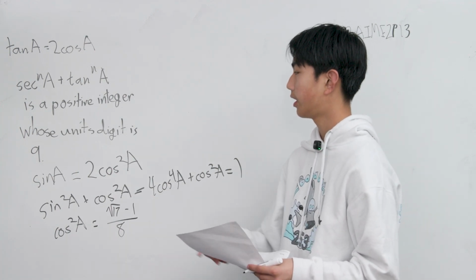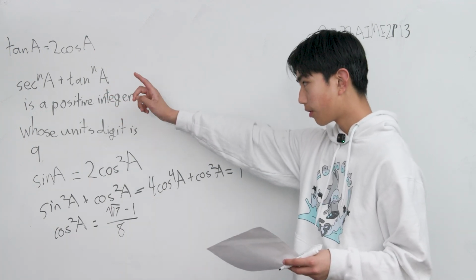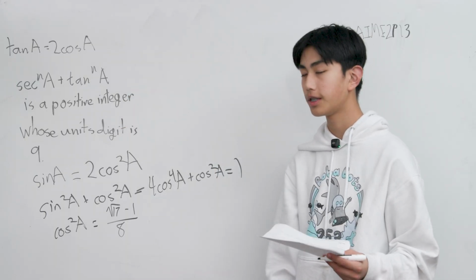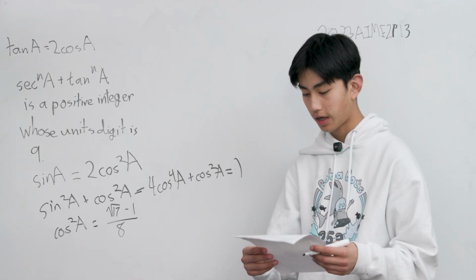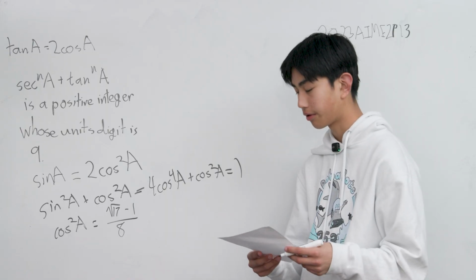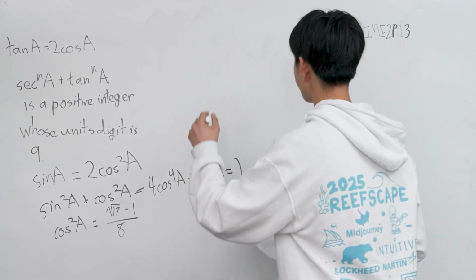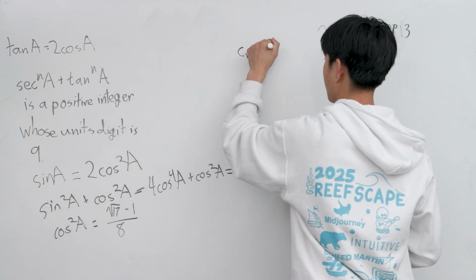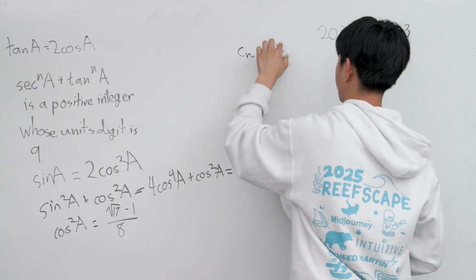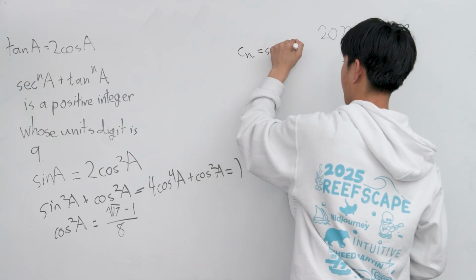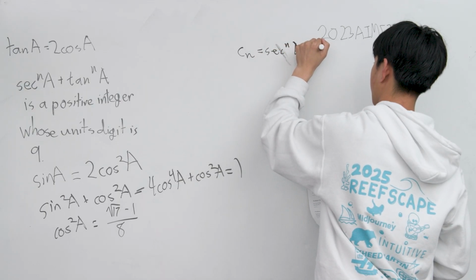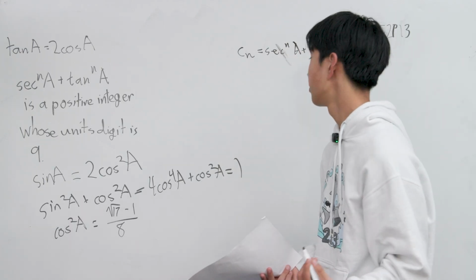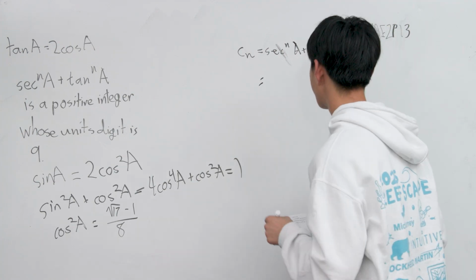Now, we want to find when this is a positive integer whose units digit is 9, and we have n less than or equal to 1,000. So if we just say c sub n is equal to secant to the power of n of A plus tangent to the power of n of A, we can further simplify this through trigonometric reasoning.